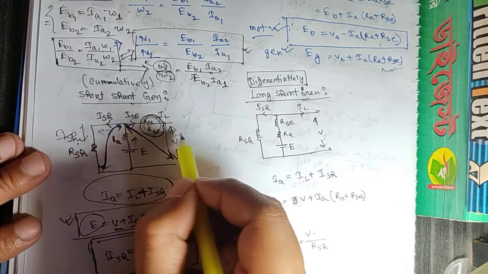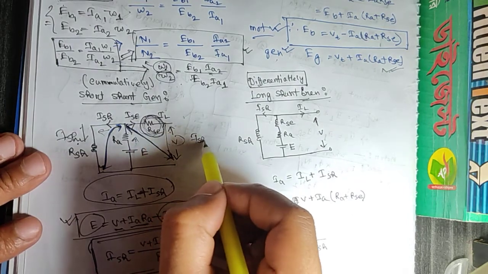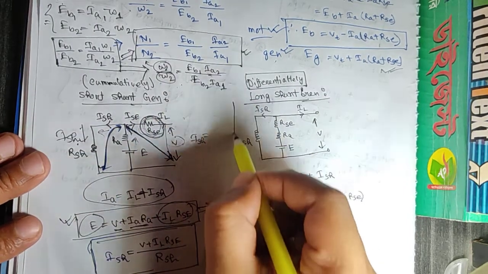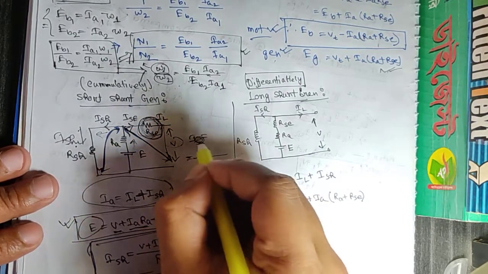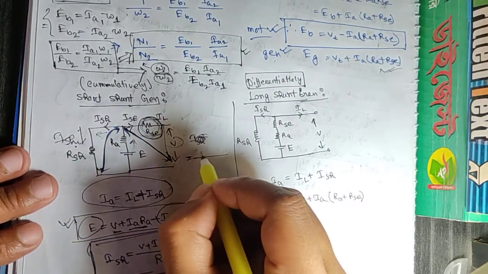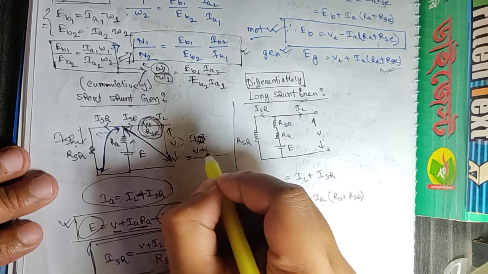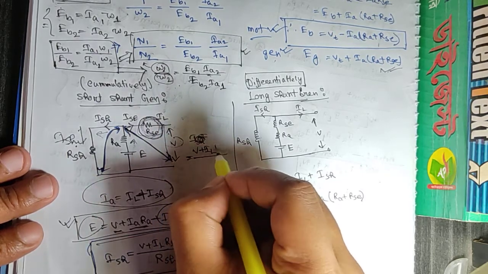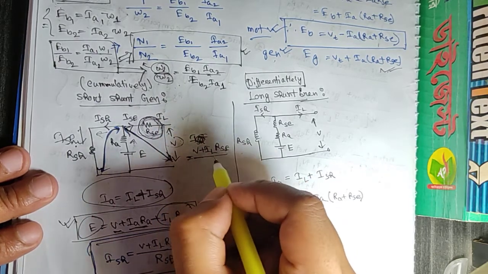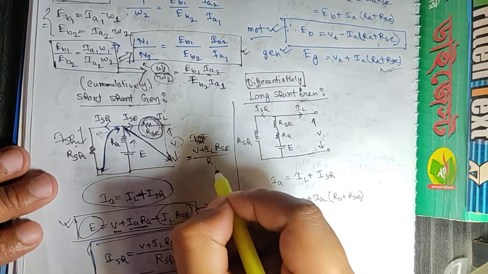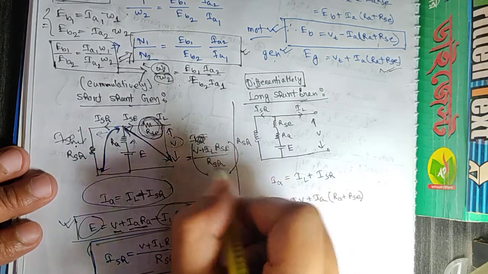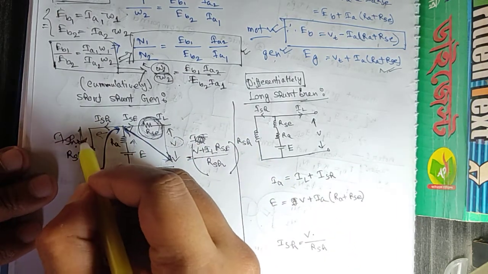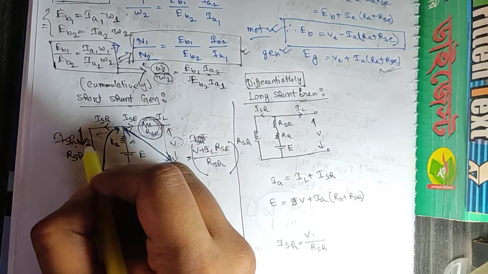So shunt current is equal to terminal voltage plus line current into series winding resistance, divided by shunt resistance. You understand? This current going inside there, I equals V by R, right?